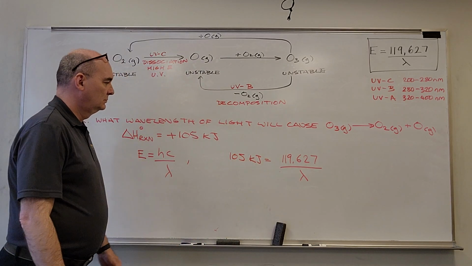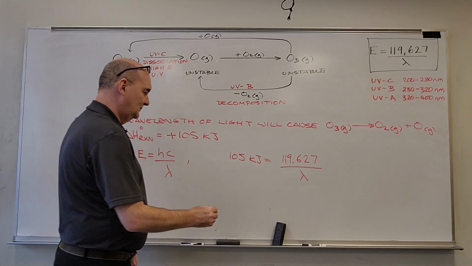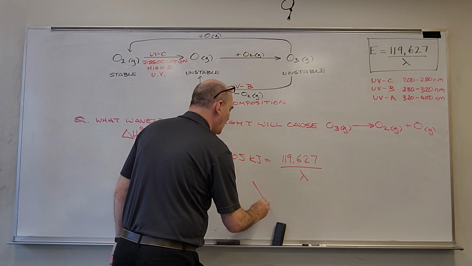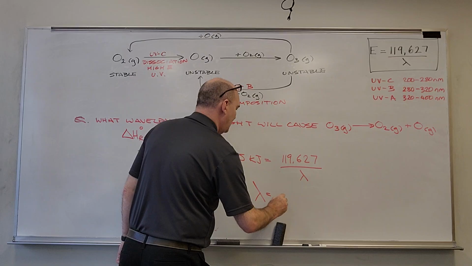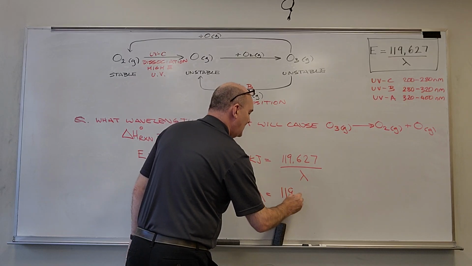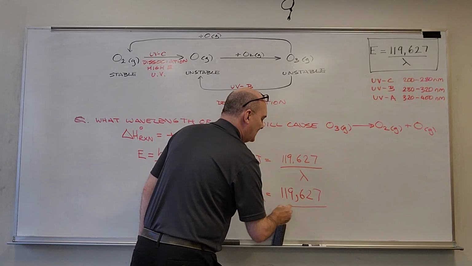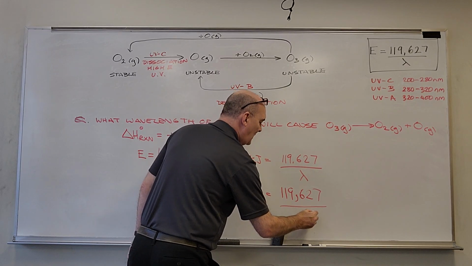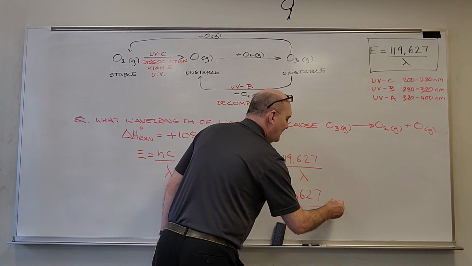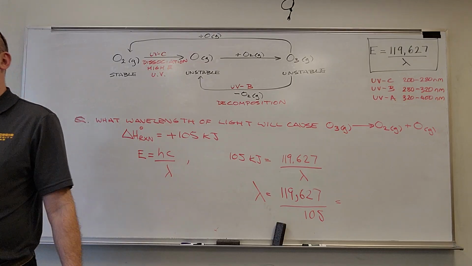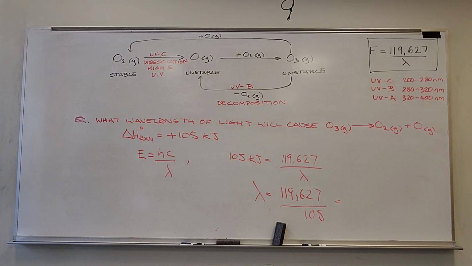Kilojoules. Do the reshuffle. The lambda is 119,627 divided by 105 gives you a value of, I know, 1.94.